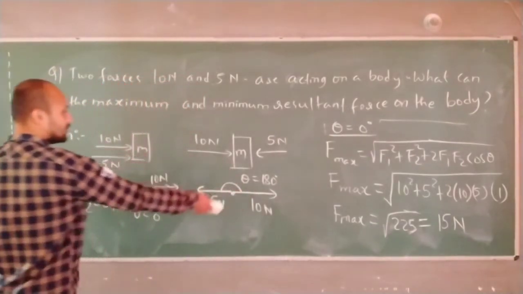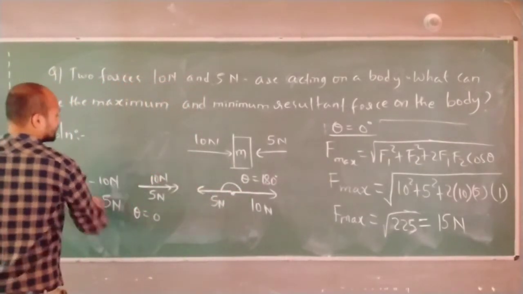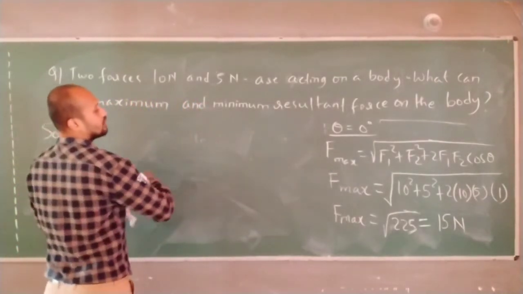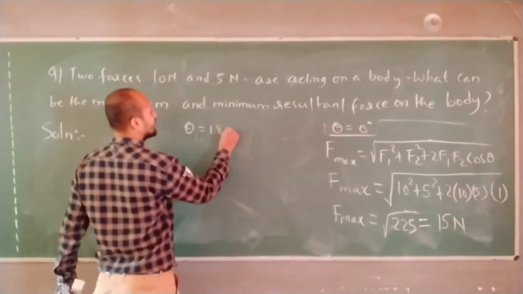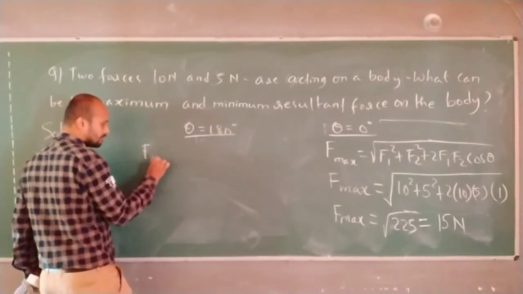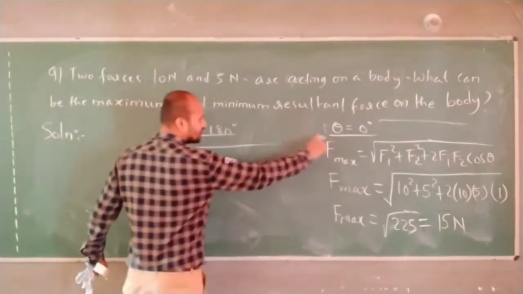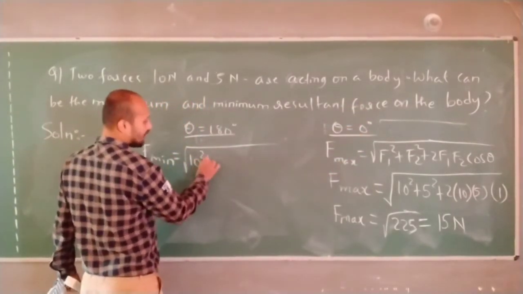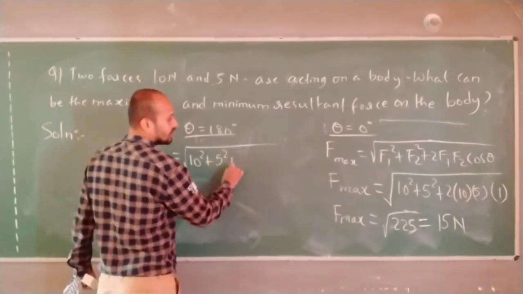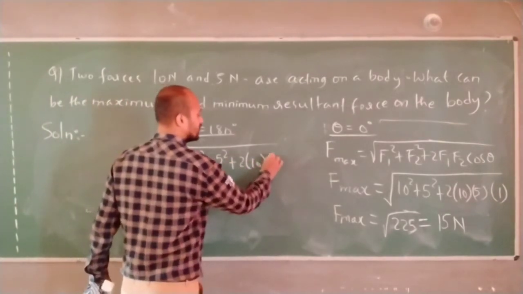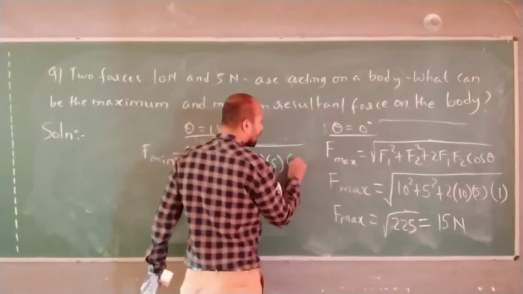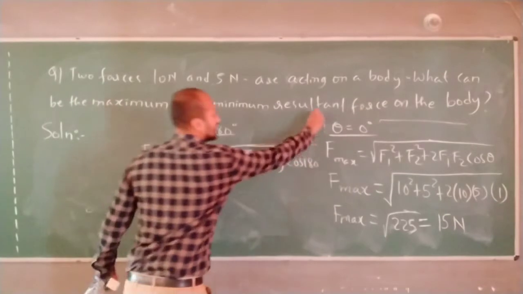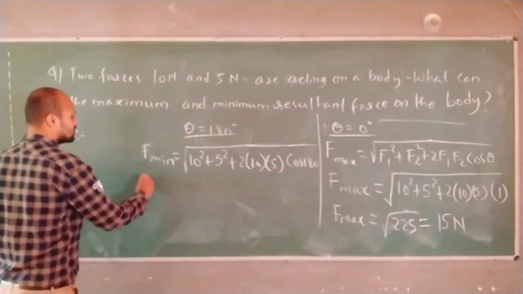Let us find F minimum. F minimum is when theta is equal to 180 degree. So F minimum will be equal to root of F1 square plus F2 square, same thing. So this will be 10 square plus 5 square plus 2 into 10 into 5 into cos of 180. What is the value of cos 180 here? In the second case, cos 180 is minus 1.